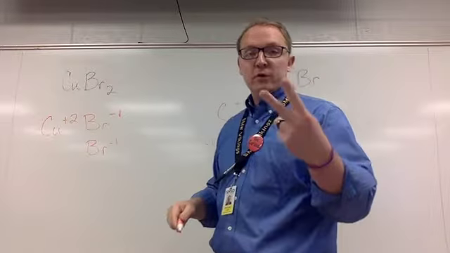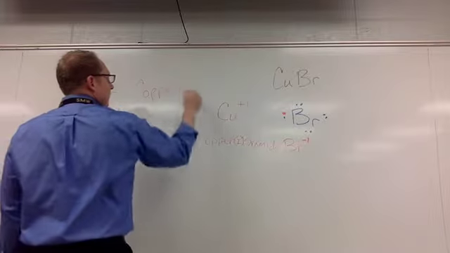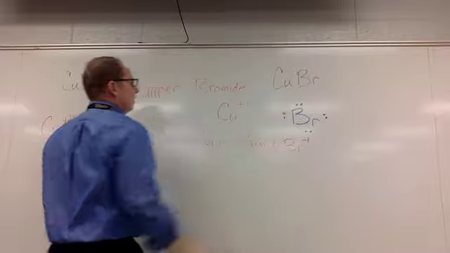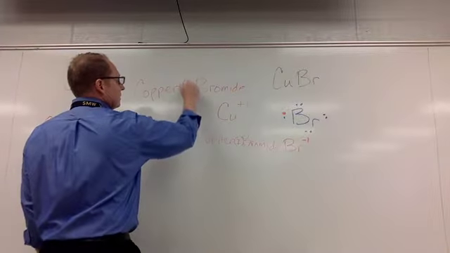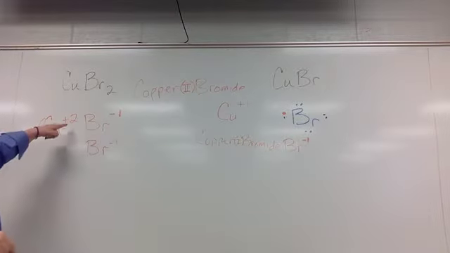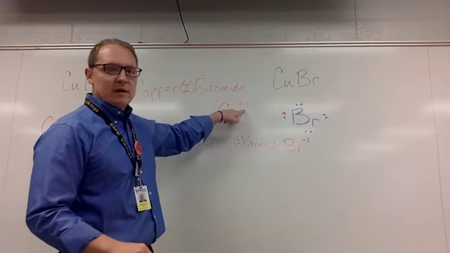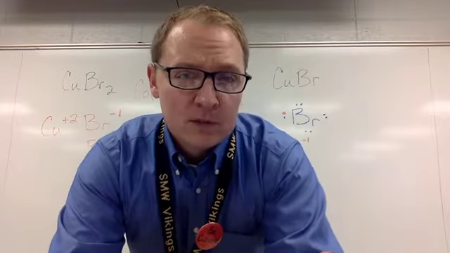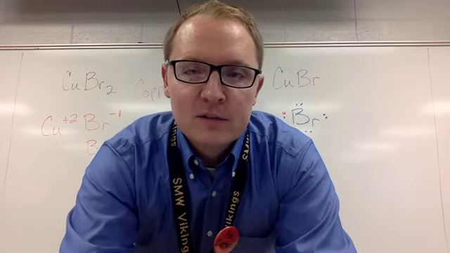So we'd apply the first 2 rules like we normally would, and we'd call it copper, and we'd call bromide for the anion, but we need to put a Roman numeral in there that represents this is copper(II), the copper that has a charge of positive 2. This was the copper that had a charge of positive 1, and that's what those Roman numerals are in there for. Let's practice it. Do a few more on your worksheet, try it out, and then come and see me if you're still stuck, all right?